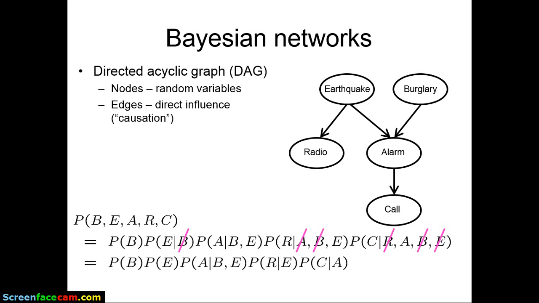When we simplify this equation, we get the probability of burglary times probability of earthquake times probability of alarm given burglary and earthquake times probability of radio given earthquake times probability of call given alarm.